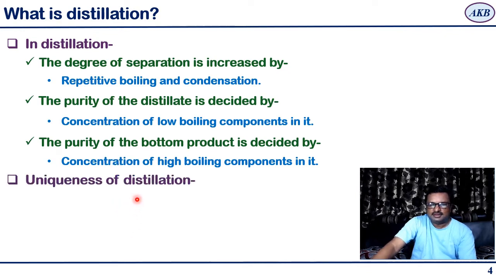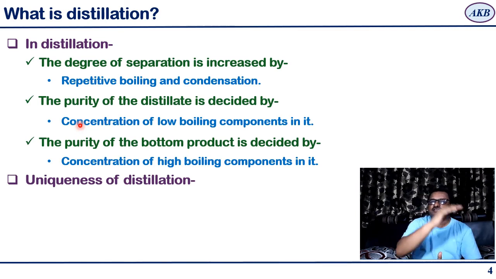Okay, so this is how distillation operation is carried out. Simply, a liquid solution is boiled to create a vapor phase. The vapor phase is rich in low boiling components, that is, rich in more volatile components.